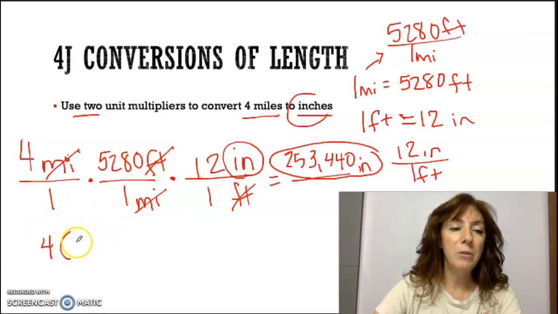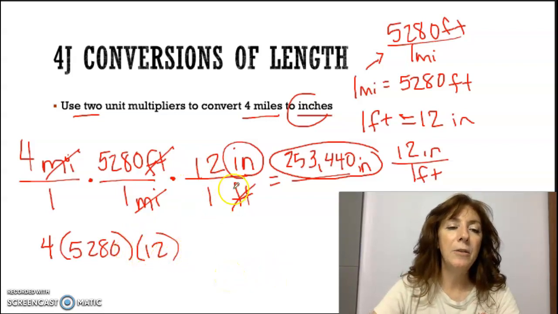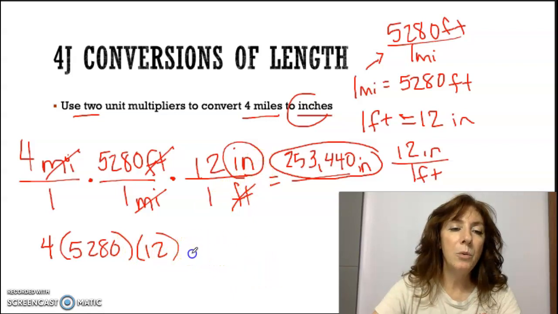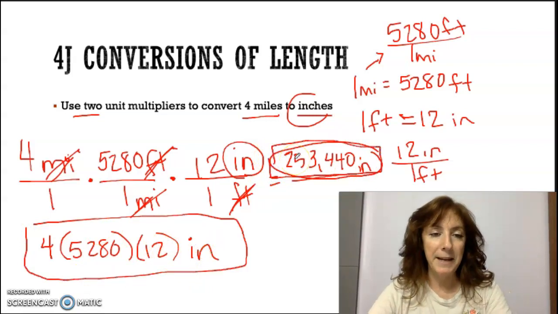It will show that you're multiplying times 5280 and you're multiplying times 12. And they are saying, I know you know how to do that on your calculator. And they show the final units after all these others cancel out. And so the back of the book might show your answer like this sometimes, and it might show your answer like this sometimes. Both are acceptable to me.